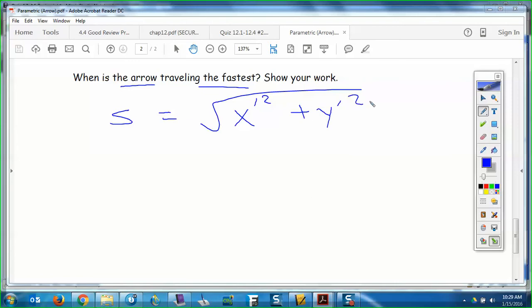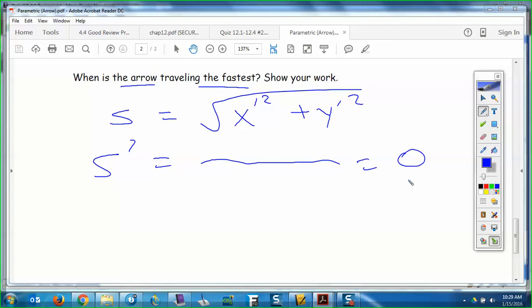Right? So we've got x prime. So you got x and y. So you do x prime, do y prime. Plug those into that. And you've got a speed equation. And now it turns into a max problem. So how do you find the max? S prime, which is going to be something big and ugly, so do it on your calculator. Set it equal to 0, right? Find those points where it is.